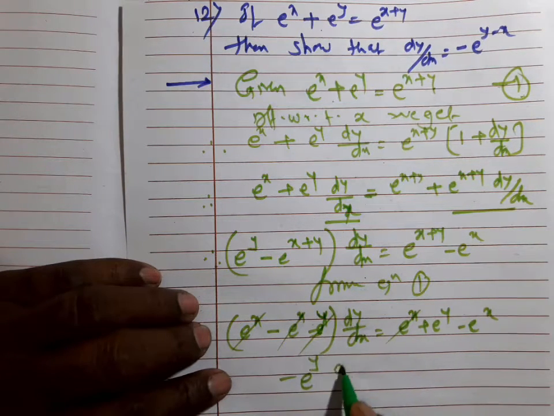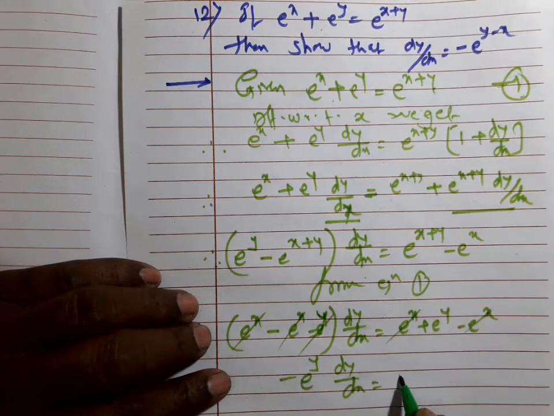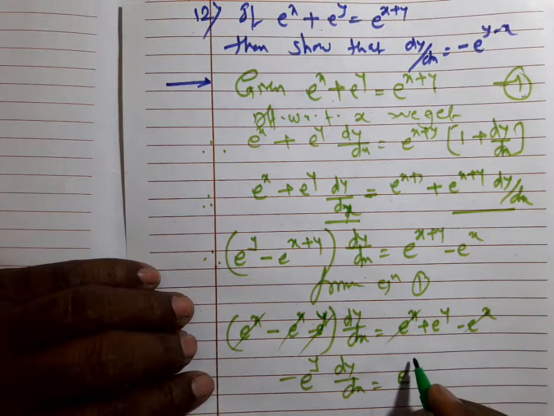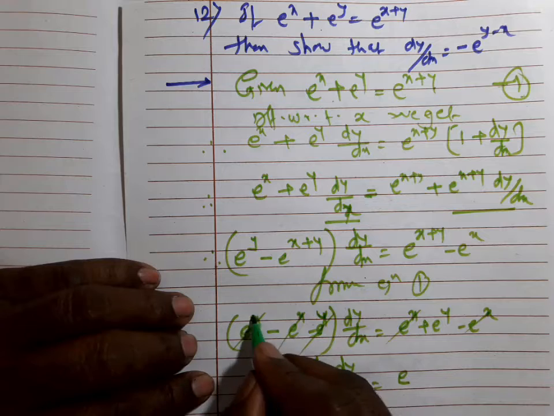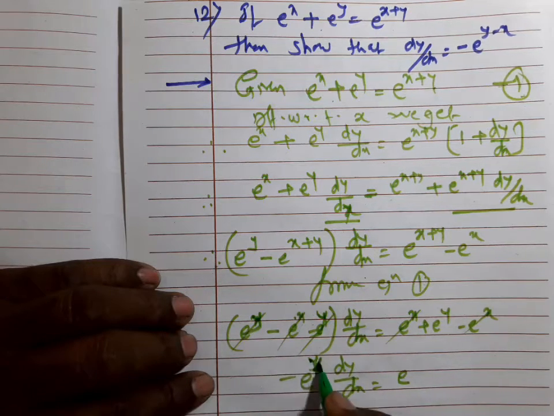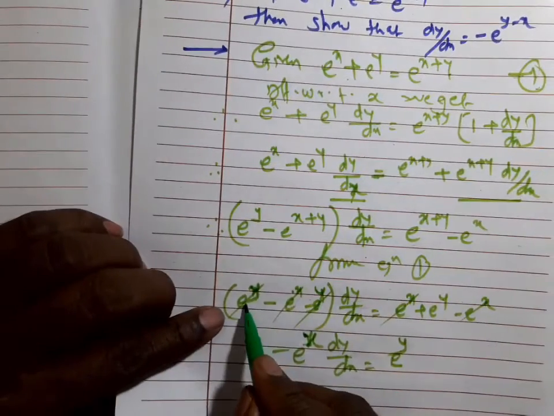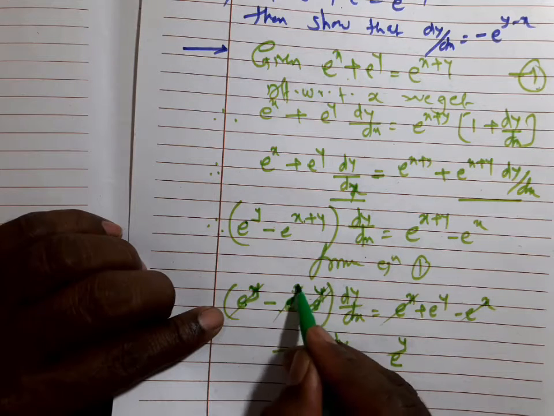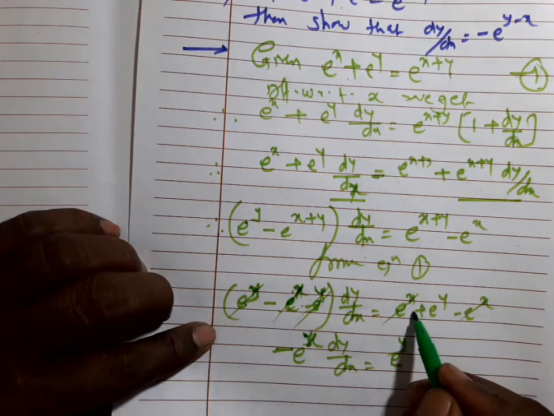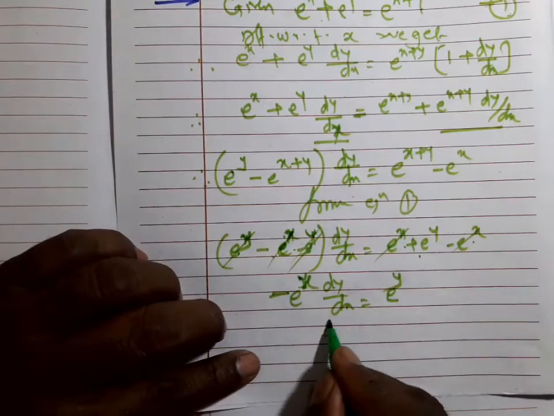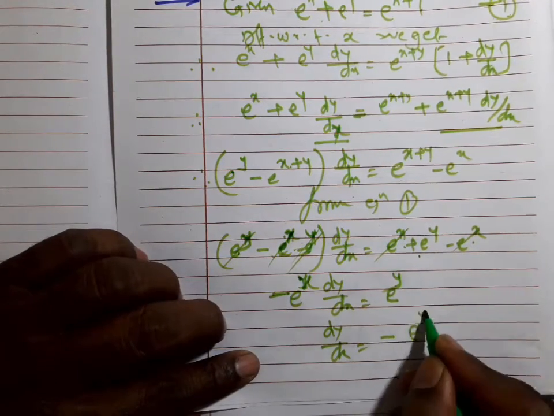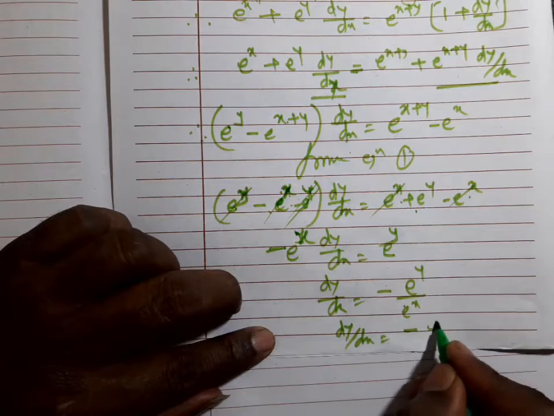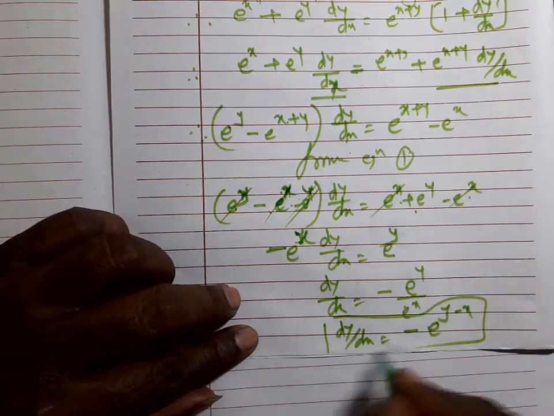So minus e raised to x dy by dx is equal to e raised to y. So dy by dx is equal to minus e raised to y upon e raised to x, and by the rules of indices, this is minus e raised to (y minus x). This is the required answer.